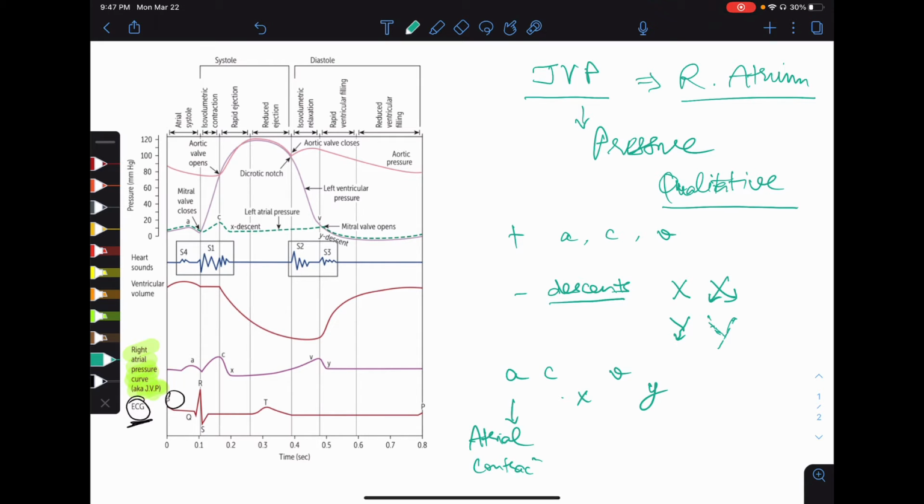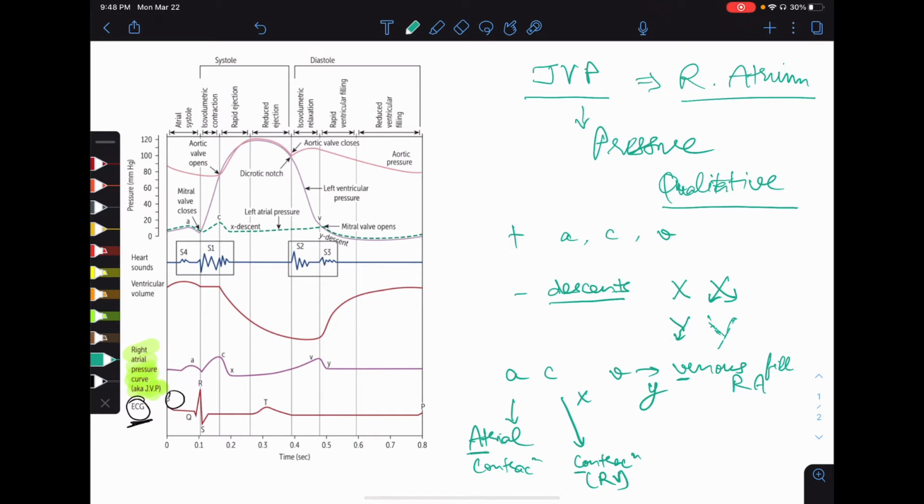C is contraction of the ventricle, on the JVP, contraction of the right ventricle. V is venous filling of the right atrium. See, it is easy.